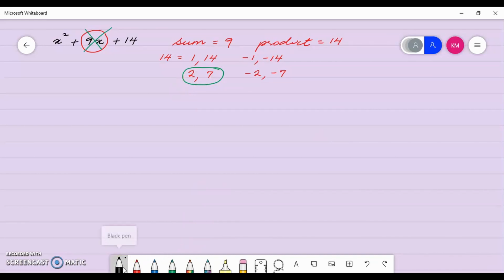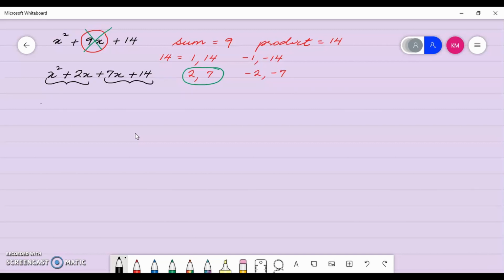So I'm going to get x squared. Remember, it's positive 2, so it's going to be positive 2x. And here it's positive 7, so it's going to be positive 7x. And I put back my 14. So now I can group these because I'm seeing that they have stuff in common.